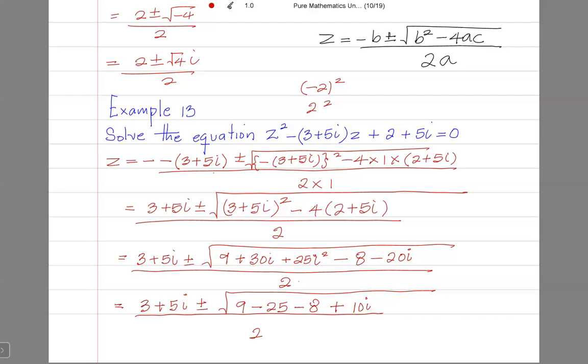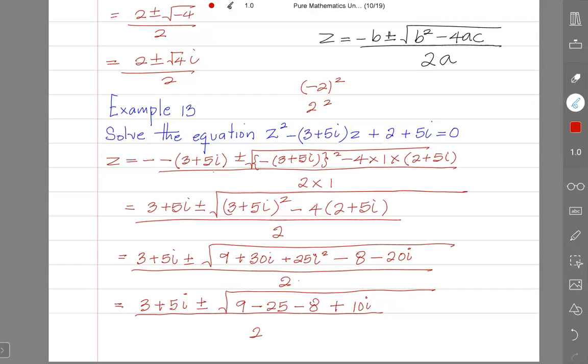All right. So here we have what is this? Minus 26? Not minus 26, minus 24? Yes, sir. Sorry, 9 minus 8 is 1. 1 minus 25 is minus 24.